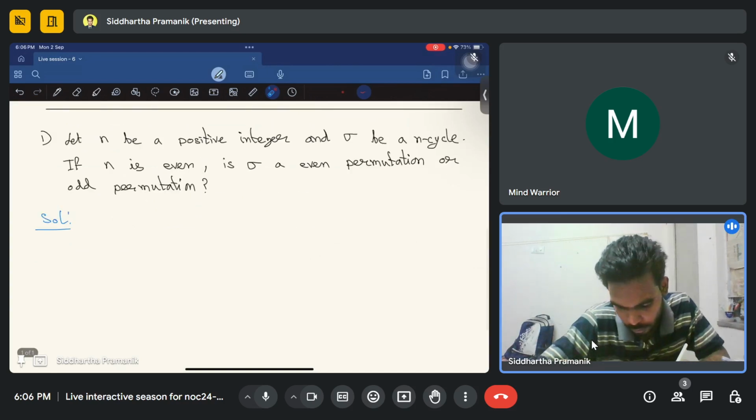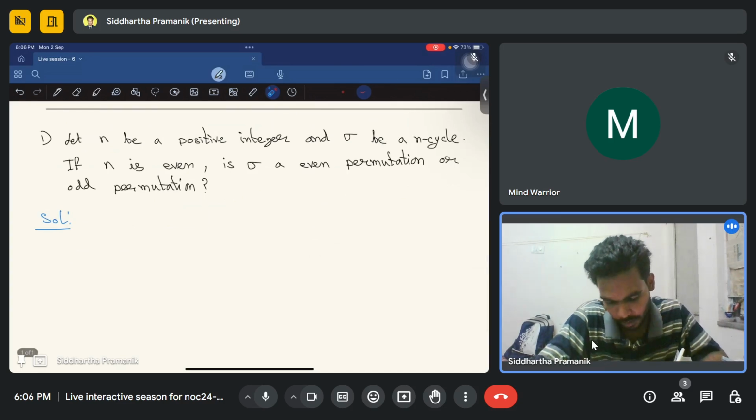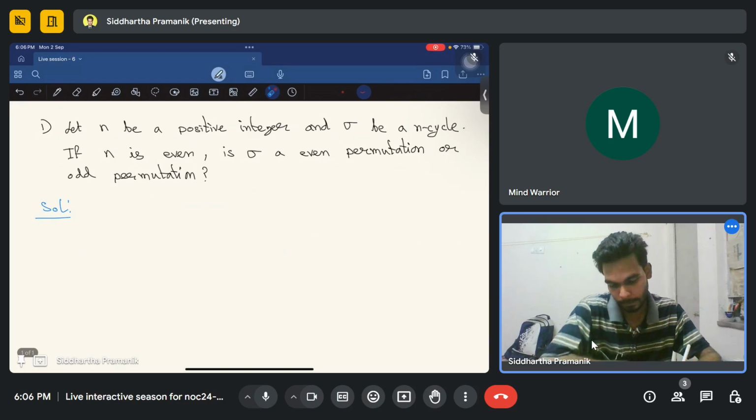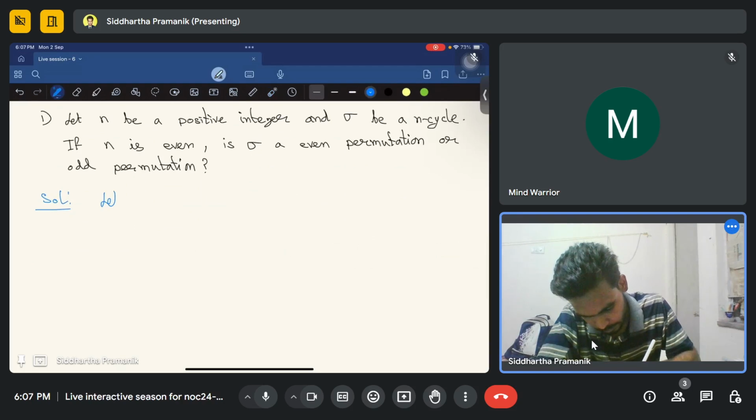So you need to see when sigma is an odd permutation and when sigma is an even permutation. So let sigma be the n cycle (a1 a2 ... an).